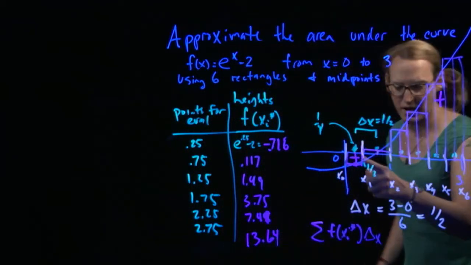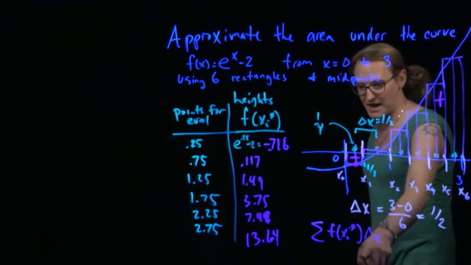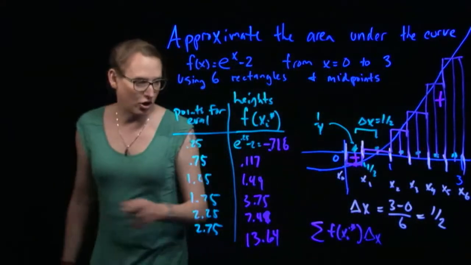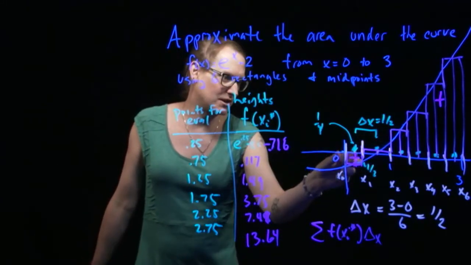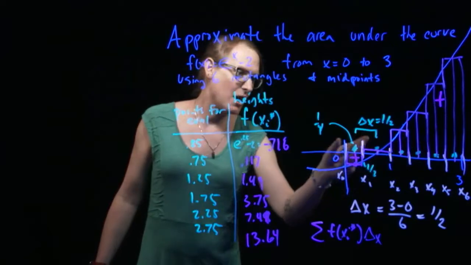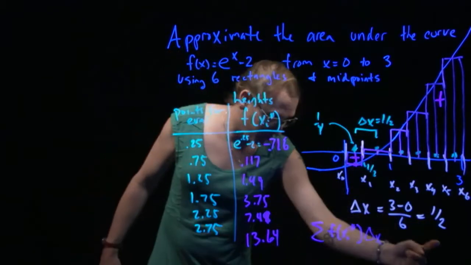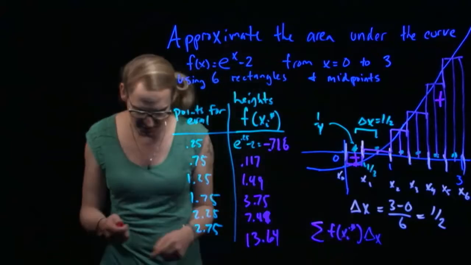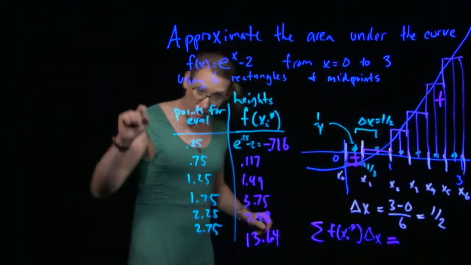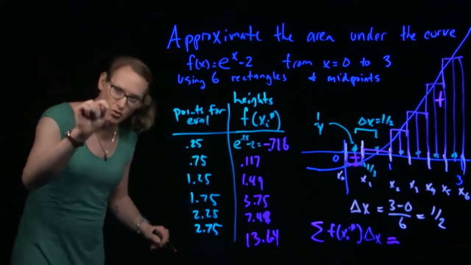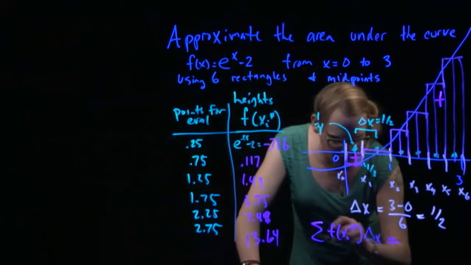Well, all of my rectangles are uniform width, so delta x is the same regardless of the value of i. i indexes these things: this is rectangle 1, rectangle 2, rectangle 3, but they're all of the same width. Delta x is the same no matter what. It's just a number. It doesn't depend on i. So because the rectangles are of uniform width, I'm going to pull that delta x out front and make my life easier.